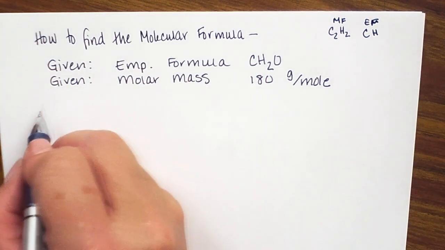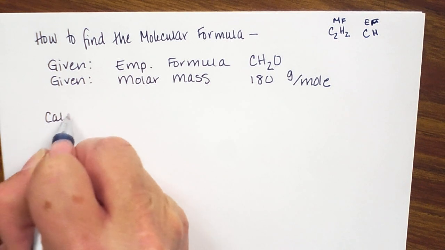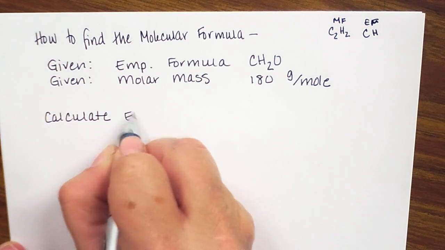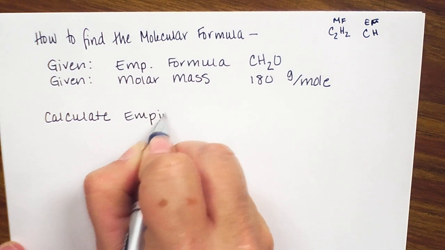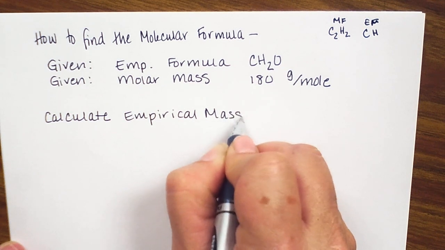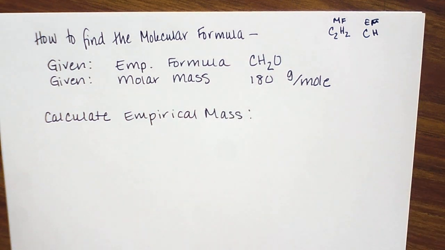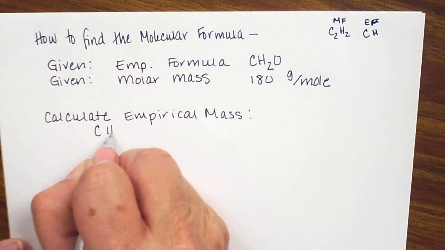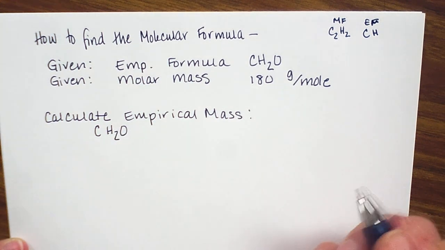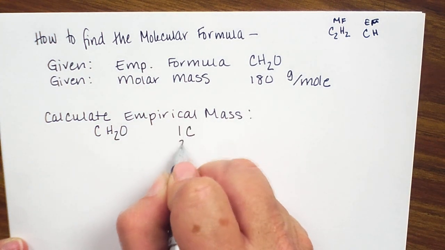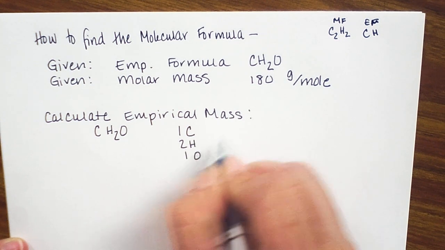So the first step is going to be to calculate the empirical mass. To do this, I'm going to add up the mass of my empirical formula. So I'm going to take CH2O, and I'm going to take 1 carbon, 2 hydrogens, and 1 oxygen.